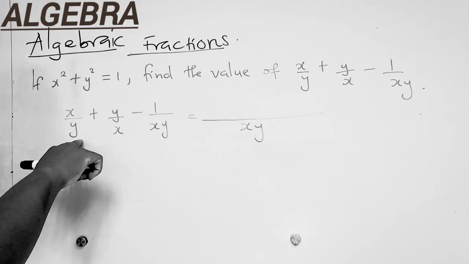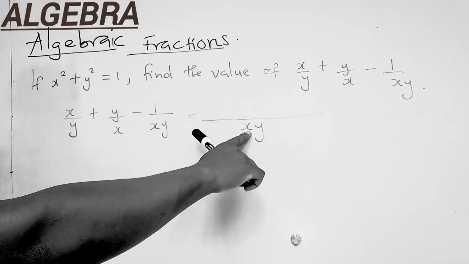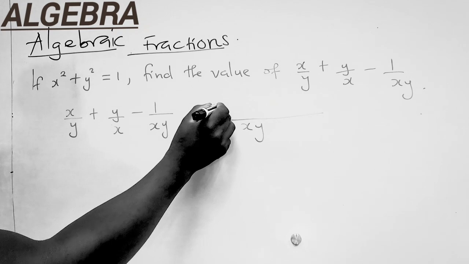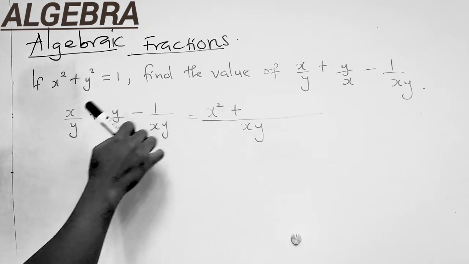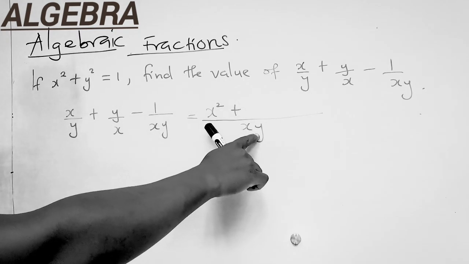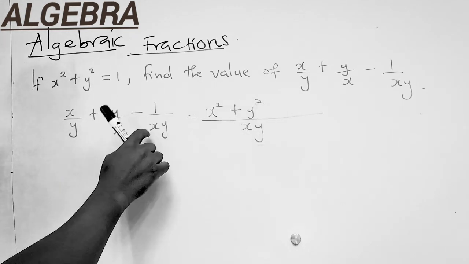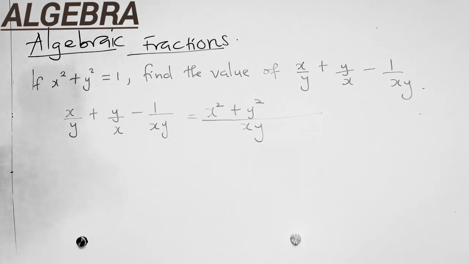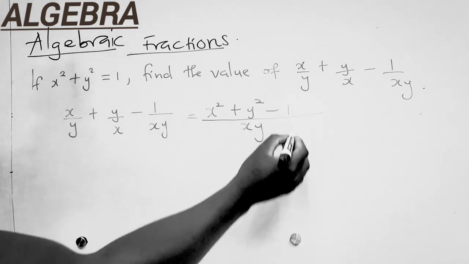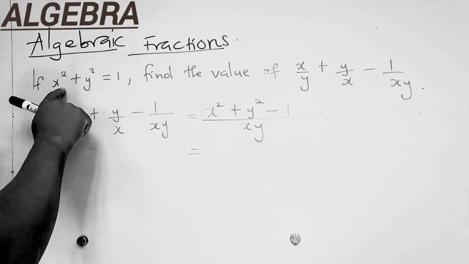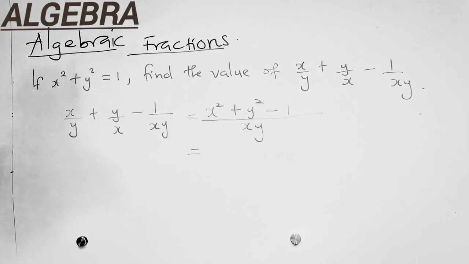Then we say y into xy, it's x. Then x multiplied by x, we get x squared. Plus x into xy, it's y. y times y, y squared. xy into xy, it's a 1. 1 times 1, which is a 1. And the statement says x squared plus y squared is equivalent to 1.